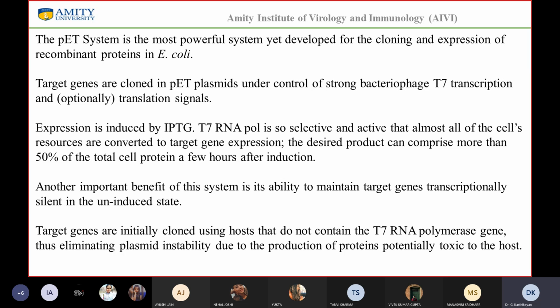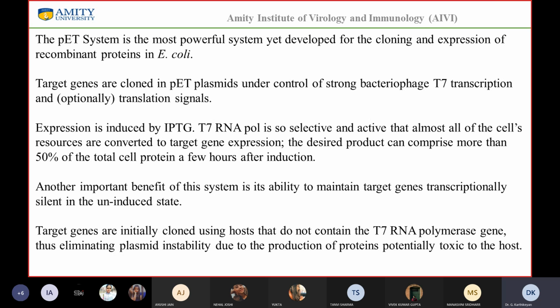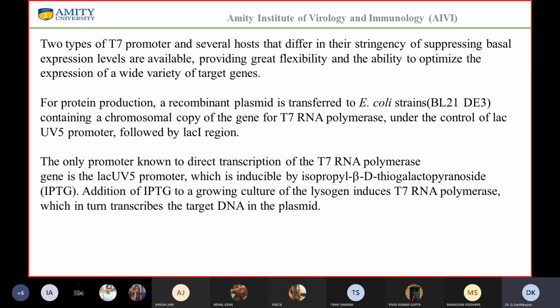Okay, that's why I said your cloning host and your expression hosts are different. And why people don't use expression hosts for cloning, because many a times your plasmids are unstable. They will get rearranged, all kinds of things happen in the bacterial cells, so people don't use it. Okay, and two types of T7 promoters are available.